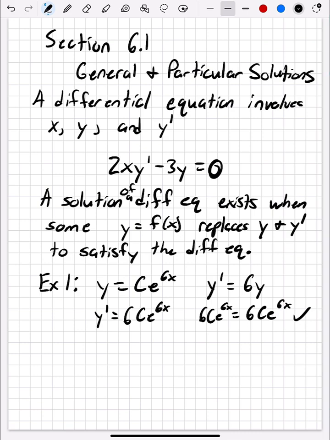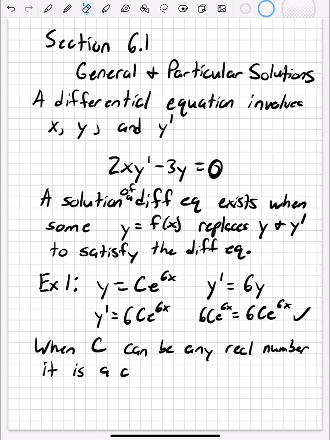All right, when c can be any real number, it is called a general solution.